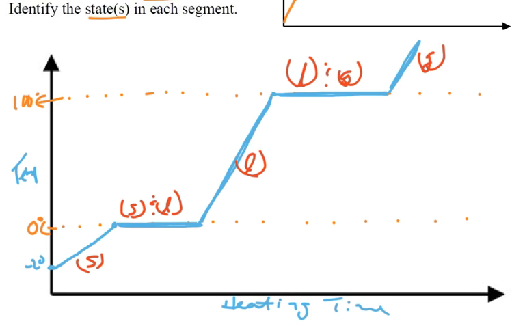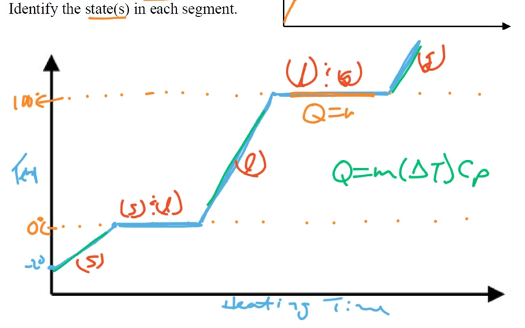Okay? And just to add to this, when we do these slanty parts, here and here and here, then if we had to calculate, we're doing Q equals m C_p delta T. And when we're doing the flat parts here, those flat parts are Q equals m delta H. So this one here would be m delta H of vaporization, and down here would be Q equals m delta H of fusion.